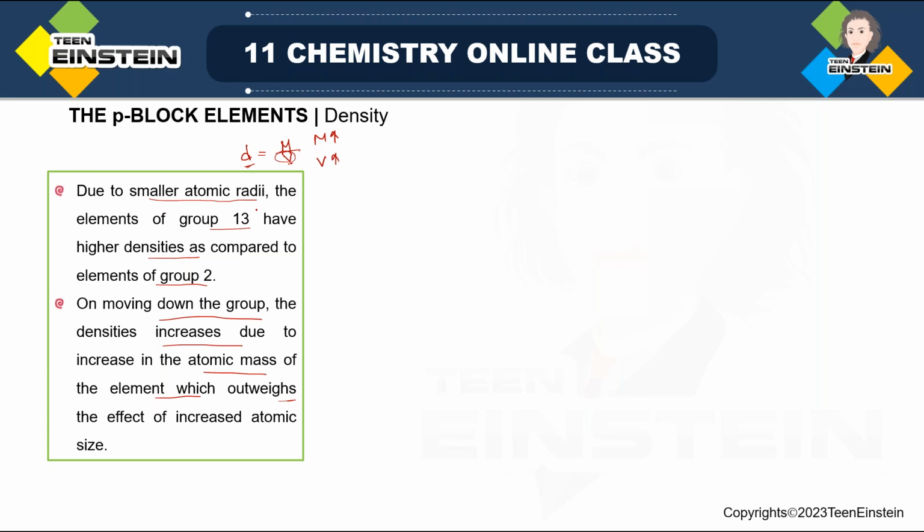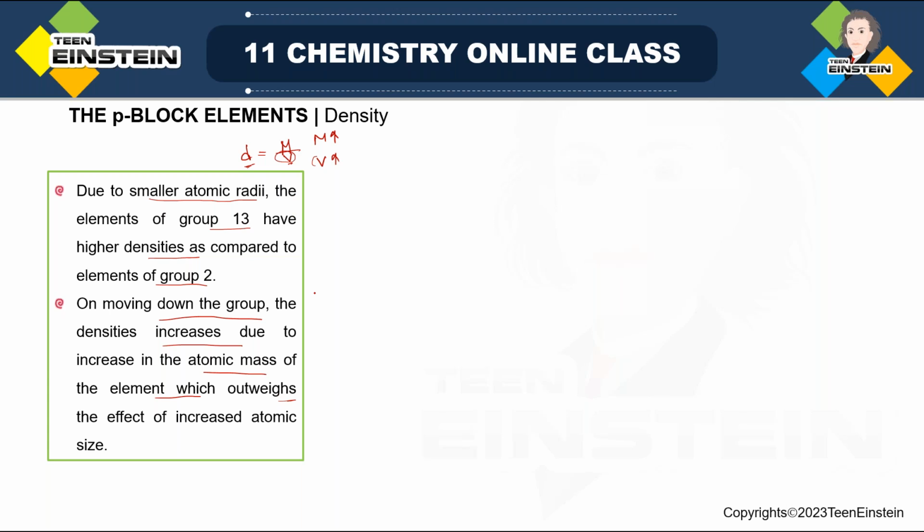It is not that. If you compare the rate of increase for mass and the rate of increase for volume, it is observed that the rate of increase in atomic mass is outweighing, that is overcoming, the effect of increase in atomic size. So the rate of volume increase is not so high, but the rate of mass increase is high. As a result, the densities increase down the group.